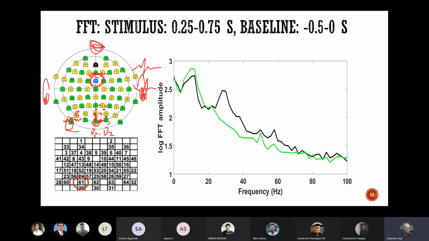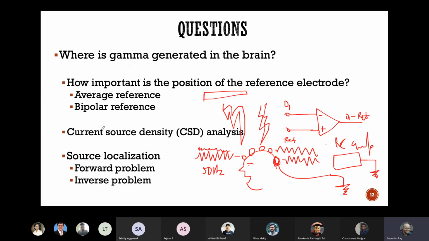And this is only going to pick up very, very localized activity, which is not seen in the neighboring electrode. So gamma response, for example, is actually very well picked up if you do a bipolar reference. And we'll see that in a bit.